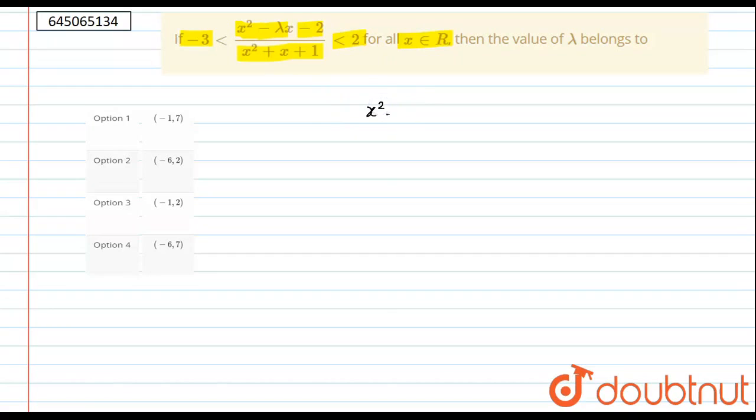(x square minus lambda x minus 2) upon (x square plus x plus 1) is less than 2 and greater than minus 3.